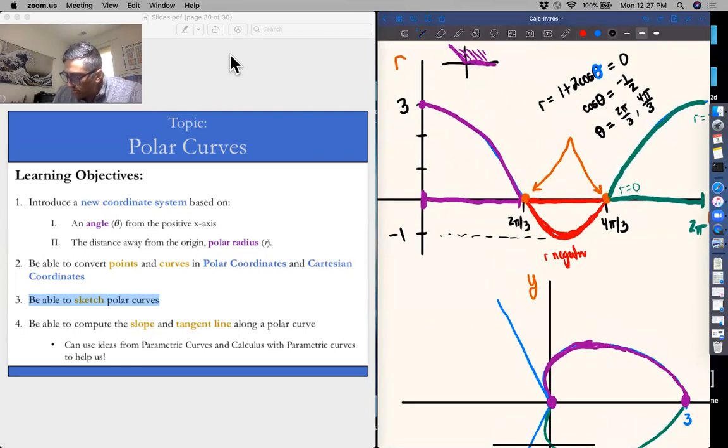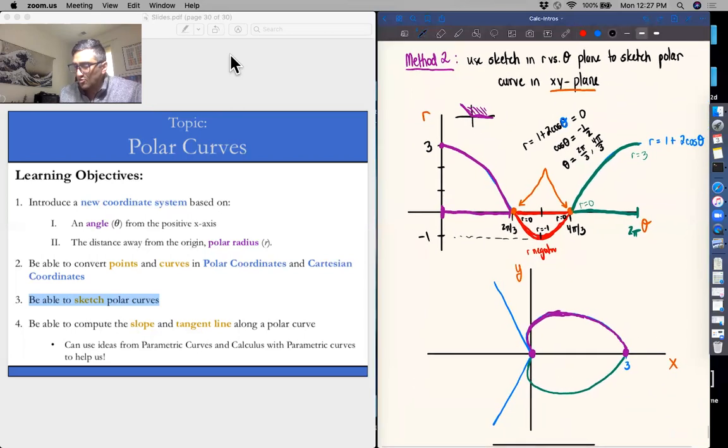Well, we know r is equal to 0 at those two angle endpoints. And then halfway through, we have r is equal to -1. So what that looks like is, as we're sweeping through these angles, going from an angle of 2 pi over 3 to an angle of 4 pi over 3, r is increasing in absolute value.